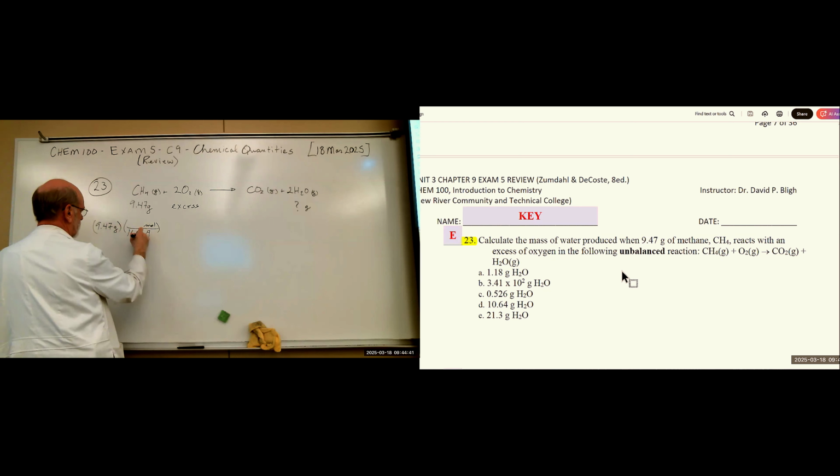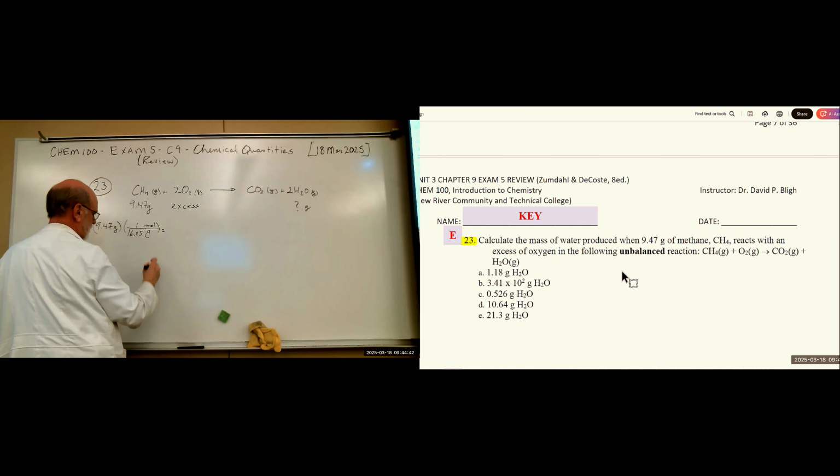16.05. So let's divide that into 9.47, and I get 0.590 moles of methane.